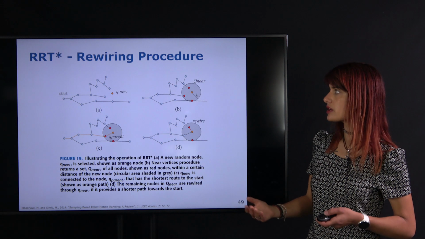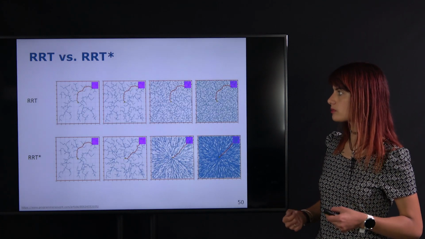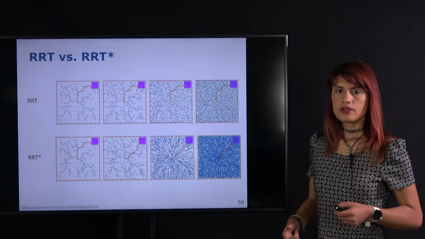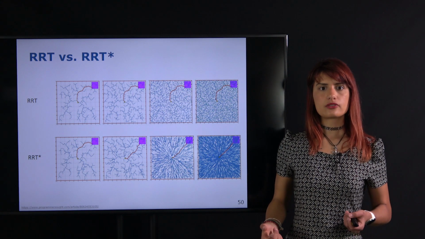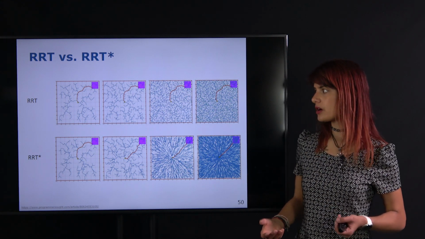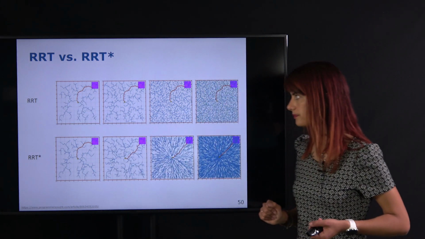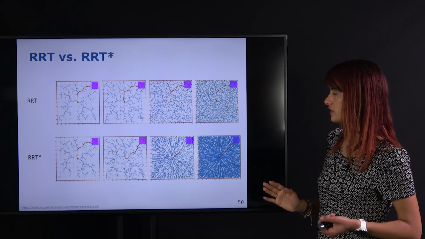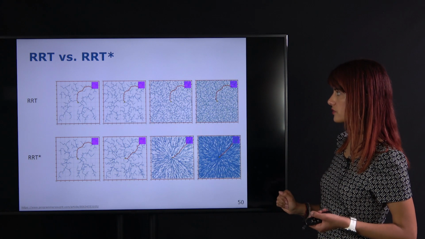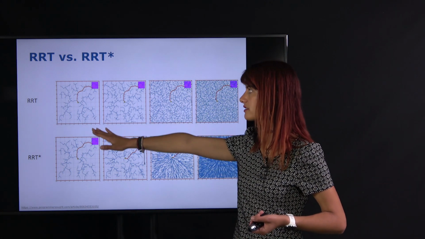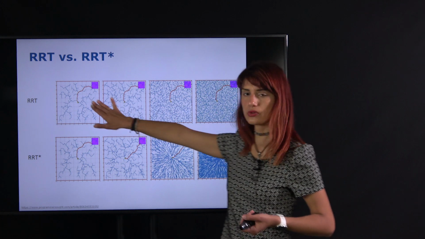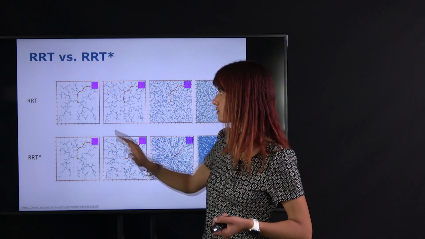That's it for the theory and the procedure. So how does this look in practice? Here we see an obstacle-free environment, comparing the trees that we obtain using the RRT and the RRT star. The RRT on the top can quickly find the solution, but obviously this path is very suboptimal if we want to move from the center over here to the top right.